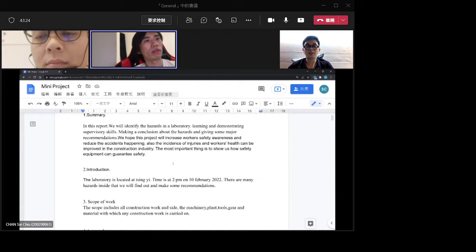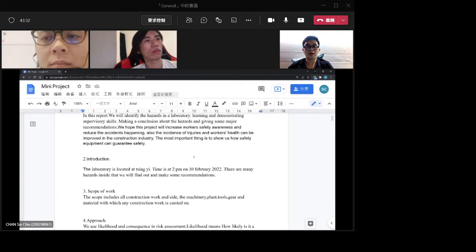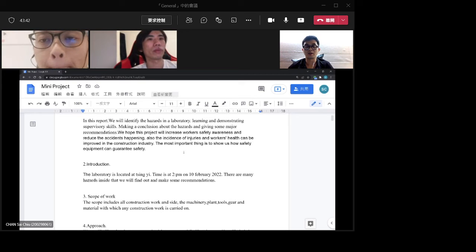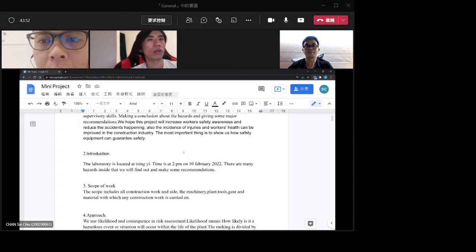We hope this report will increase workers' safety analysis and reduce the accidents happening. Also, the incidence of injuries and workers' health can be improved in the construction industry. The most important thing is to show us how safety equipment can guarantee safety.